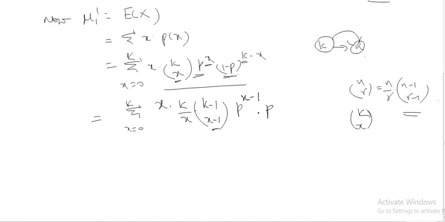And next one is, see, this is not minus. Do not do minus or minus. (1 minus p) whole power, you just write down k minus 1 minus x plus 1. Here I subtracted and I added for calculation.